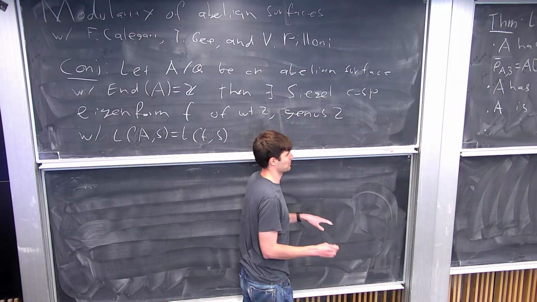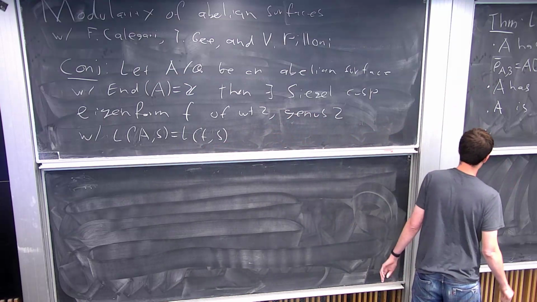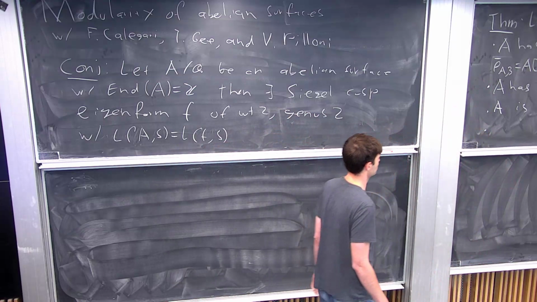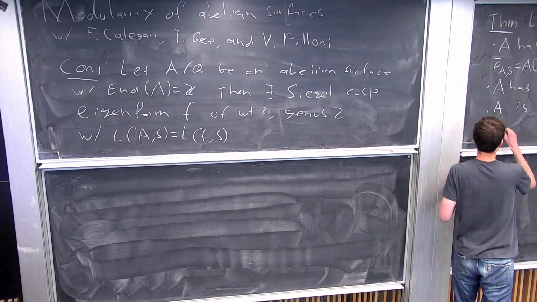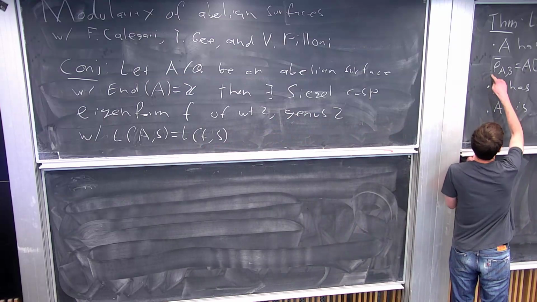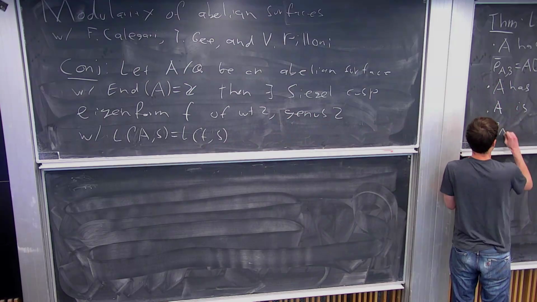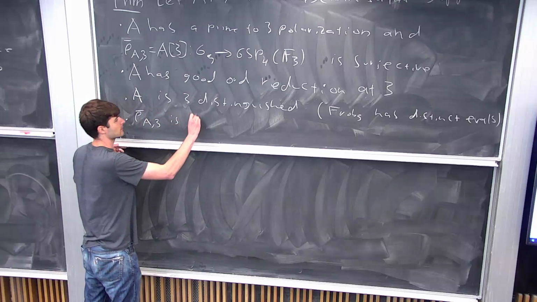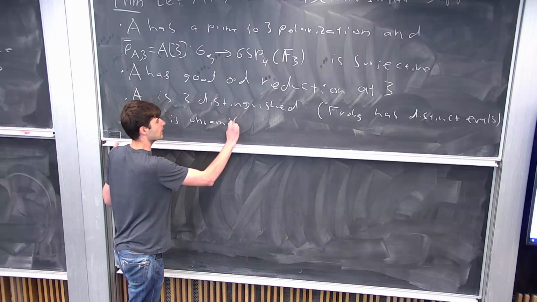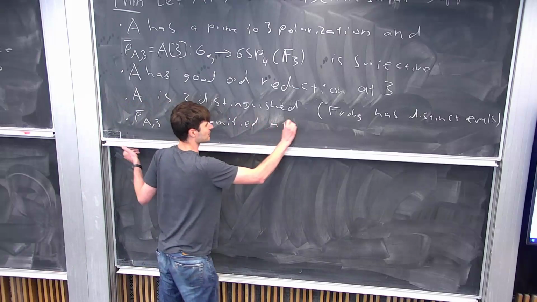And then there's a kind of weird one, which we also expect to get rid of in the not too distant future. And that is the following. I'm going to assume that this 3-torsion representation is unramified at 2.